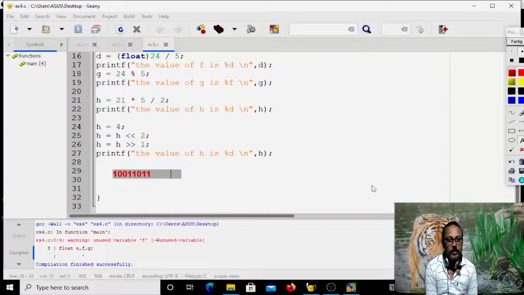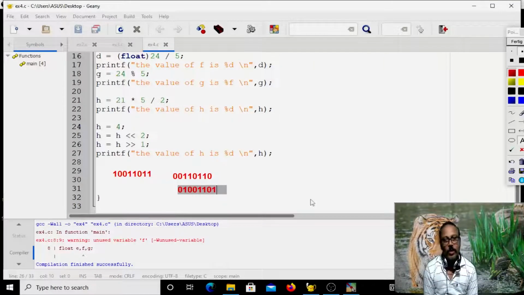This 1 will go away. It will be 0 0 1 1 0 1 1 and 0 will enter here. If it is right shift, then 0 will enter this side. It will be 1 0 0 1 1 0 1. So that one will go away.